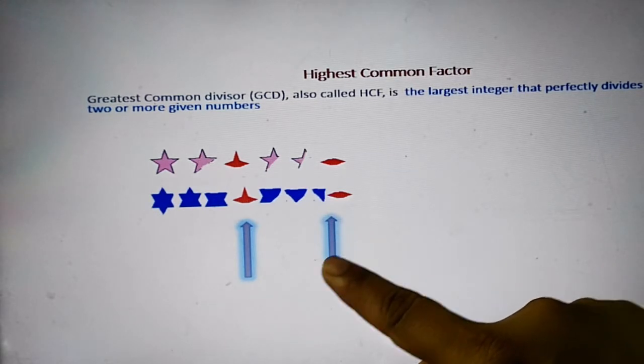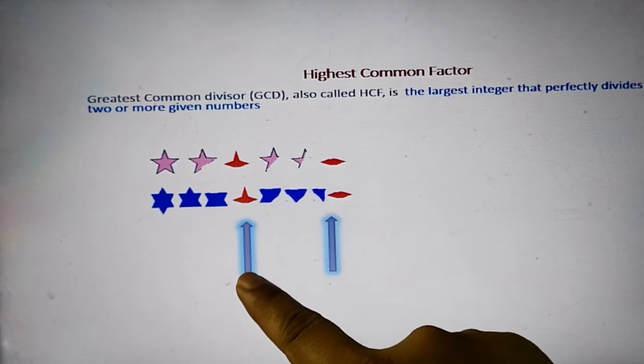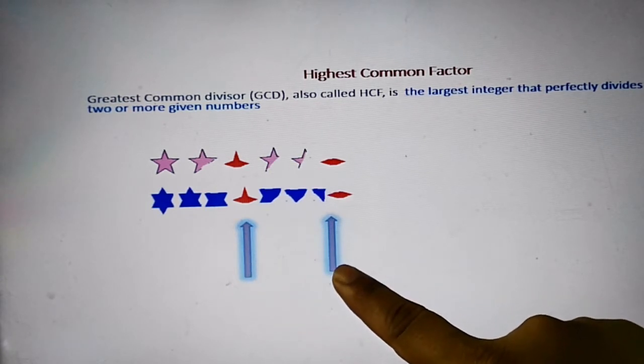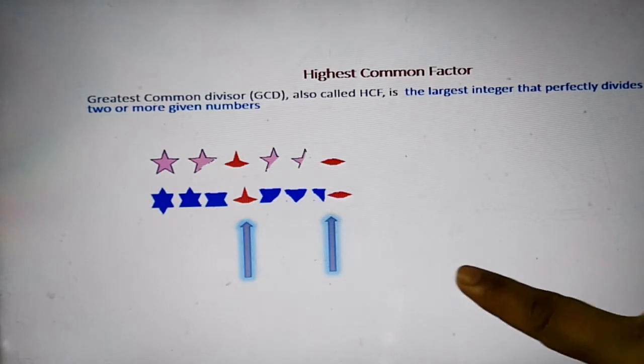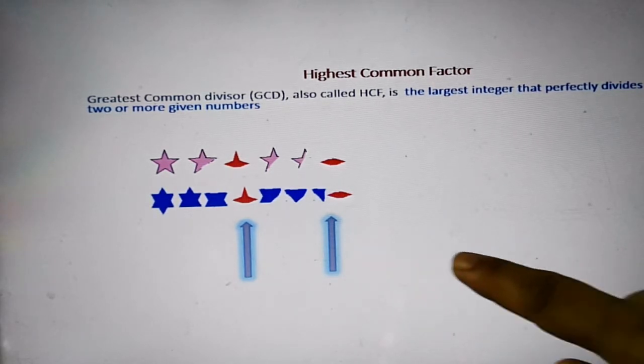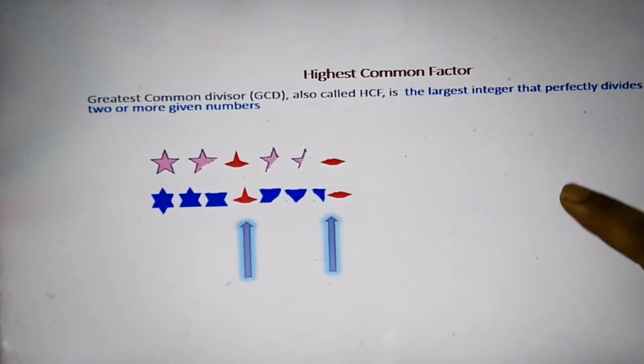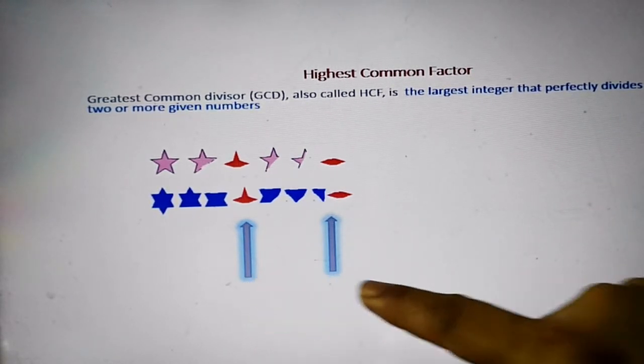You can see here, this is greatest and this is smallest, and if we continue this process, you will find even smaller factors. So this is the greatest, smallest factor here.